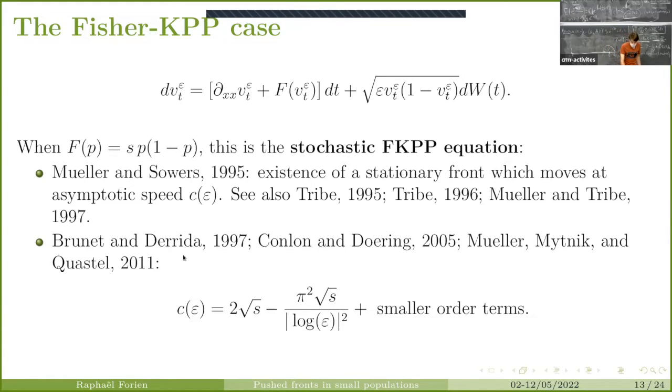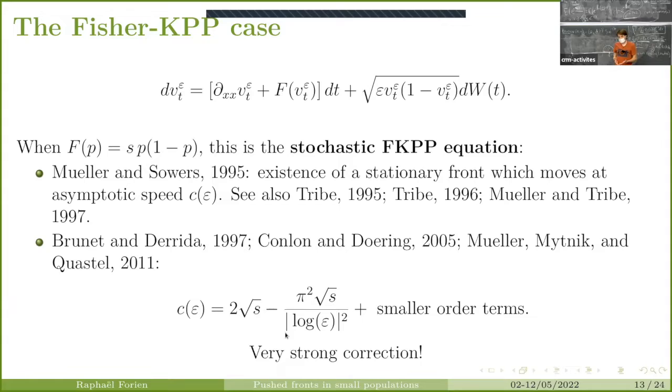And there is a famous conjecture by Brunet and Derrida, which was proved by Müller, Mytnik, and Quastel in 2011, that this c epsilon has an asymptotic development where the main term is the deterministic speed of the PDE minus a correction which is proportional to 1 over log epsilon squared.